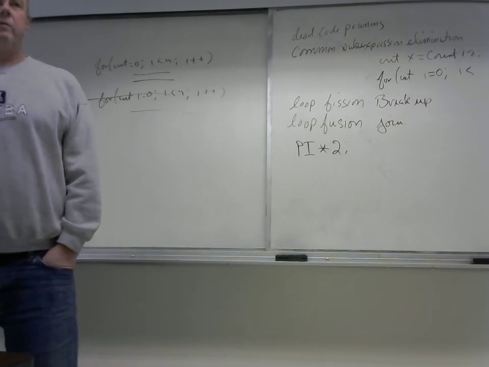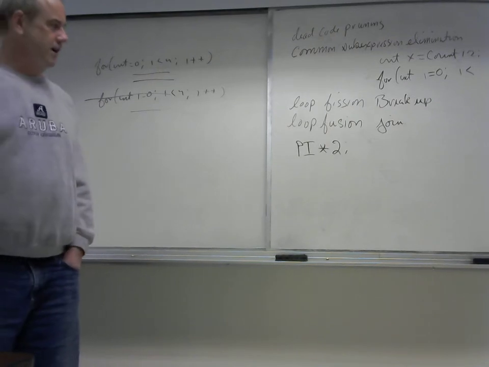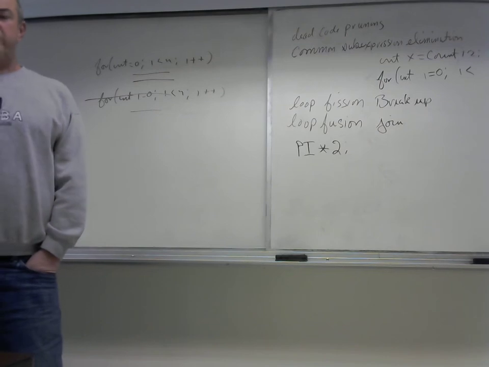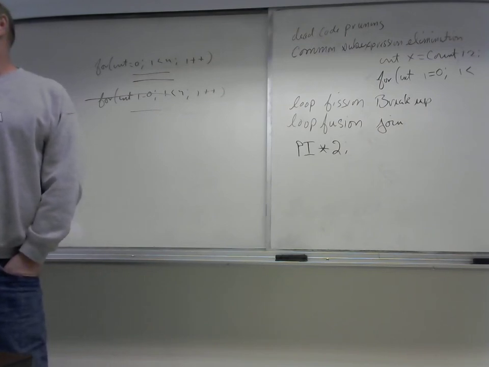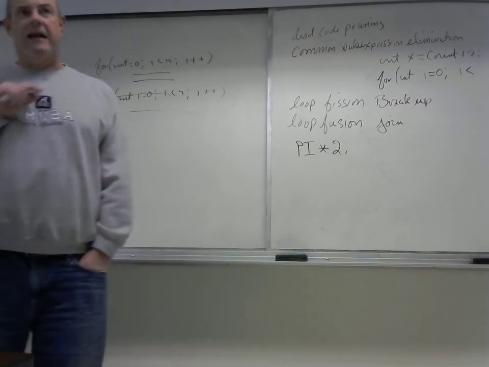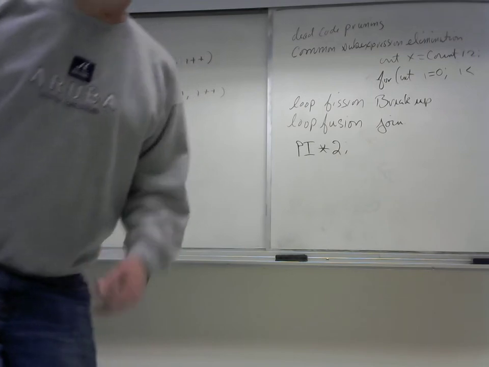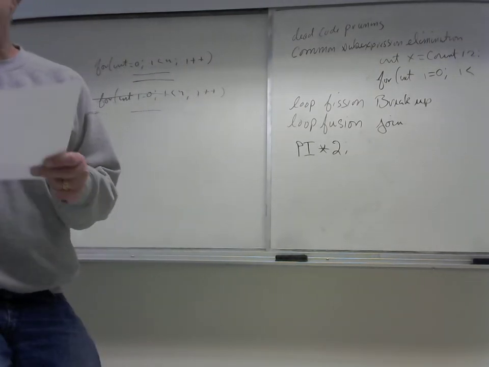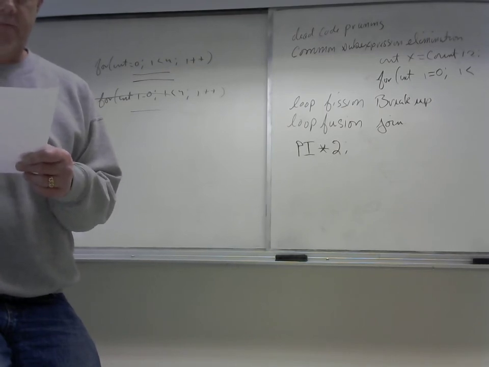I don't know why you would want pi times 2, it just popped in my head. But pi is a constant, and 2 certainly is. So rather than putting pi times 2 in multiple places in the code, you calculate what pi times 2 is and use that instead, rather than calculating it repeatedly. So at compile time, you remove expressions and put the constants that would result in their place. But this happens at compile time.